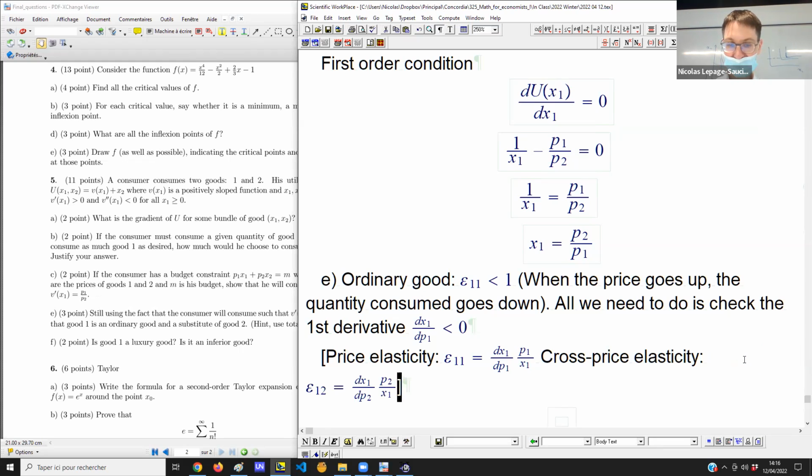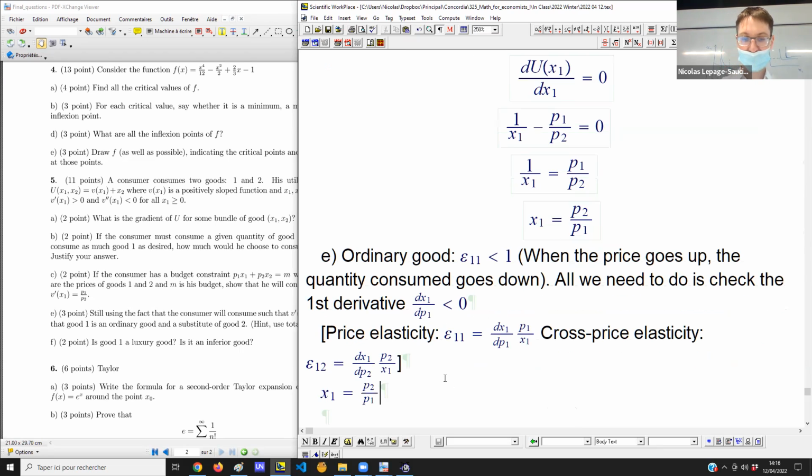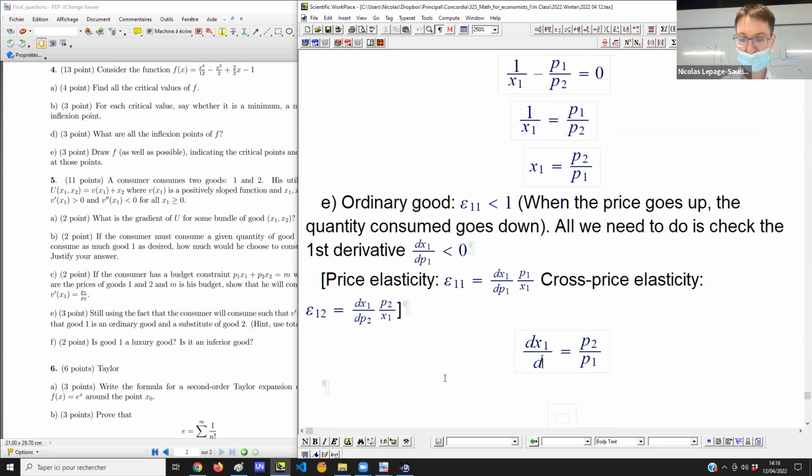Right. Okay, so let's compute it. So now let's check that. So we have that dx1 over dp1 is smaller than 0. So good one is an ordinary good.